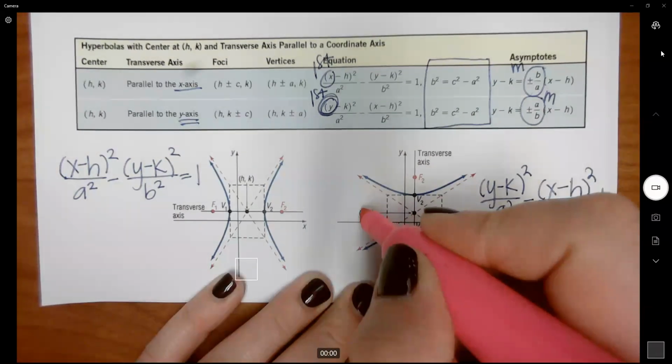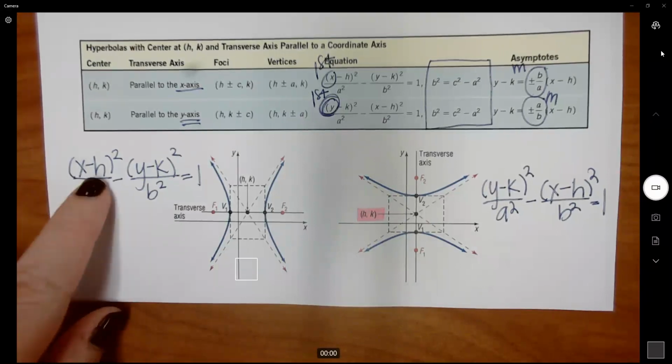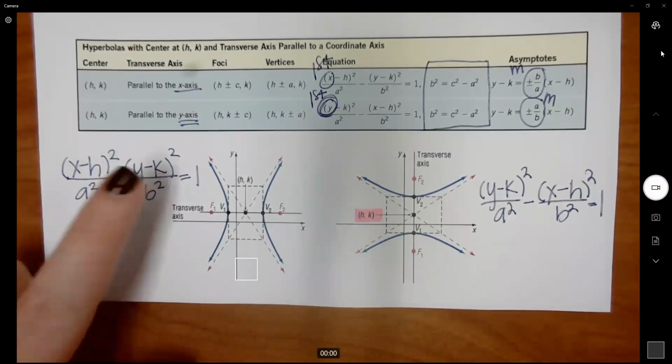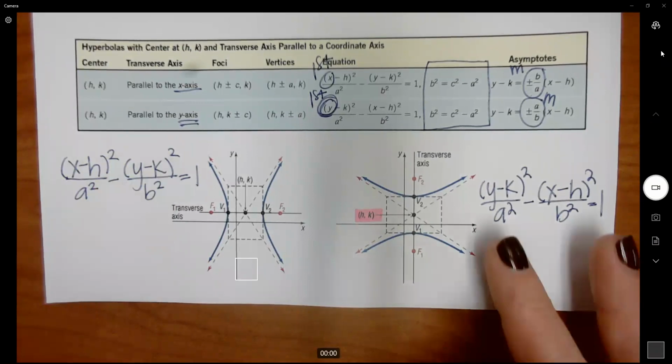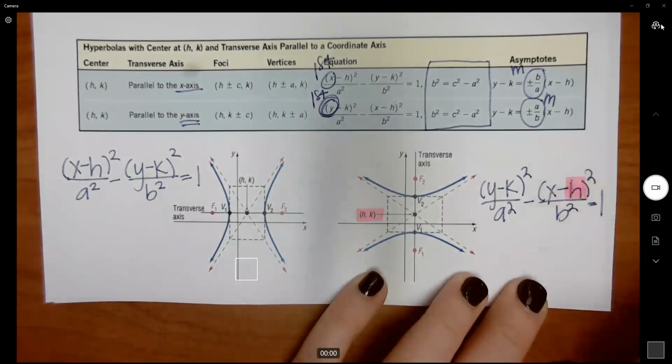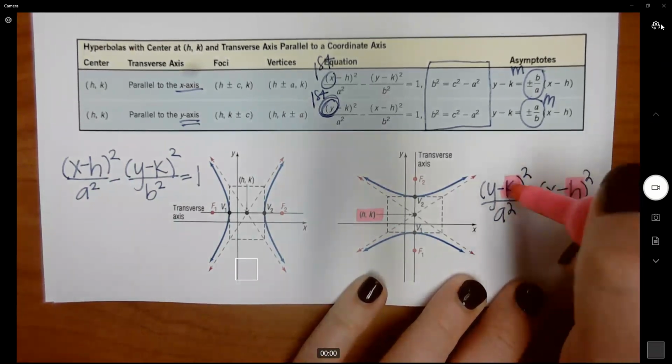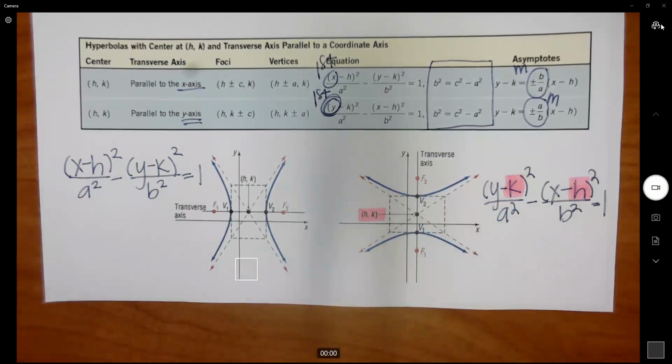Notice that the center is still (h, k). And when it is in this form, you have your h, you have your k, it's in order. But when they switch your x and y, now my h is over here to the right, and my k is over here to the left. So they switch the order.